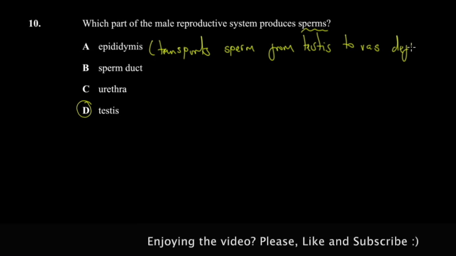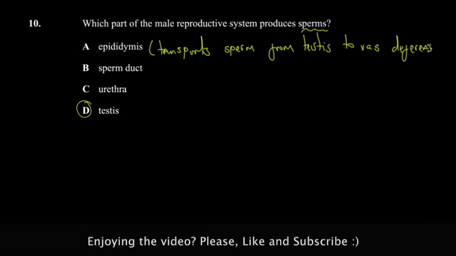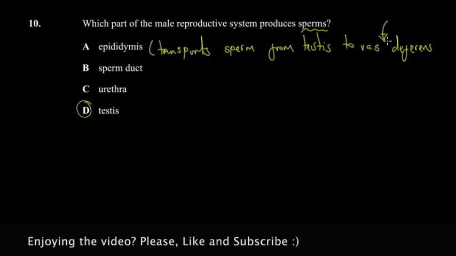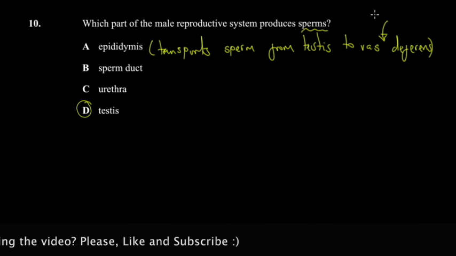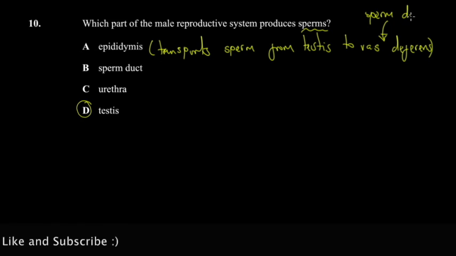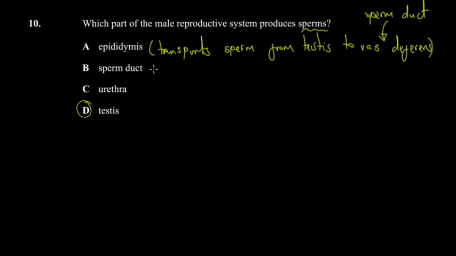what's difference here? The vas deferens is also the sperm duct. Okay, so this is another way of saying sperm duct. So the epididymis, if you look at the diagram for the male reproductive system, you realize that it connects the testis to the sperm duct.